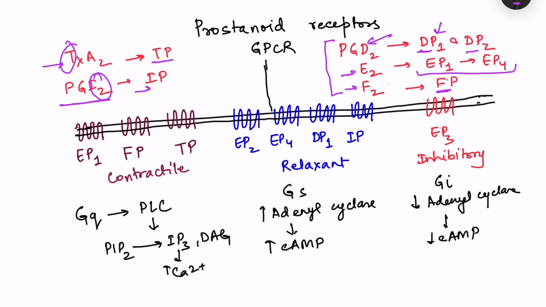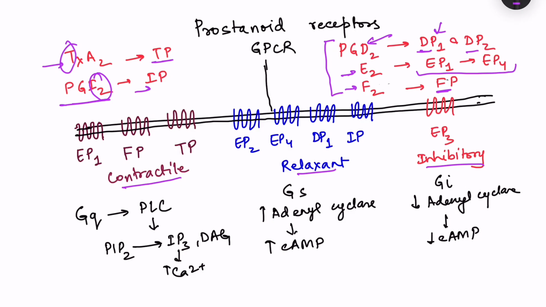So these prostanoid receptors are now further classified based on their action and based on the way they act. So we have 3 different categories: contractile, relaxant and inhibitory. Okay, so contractile is basically the thromboxane and PGF2.